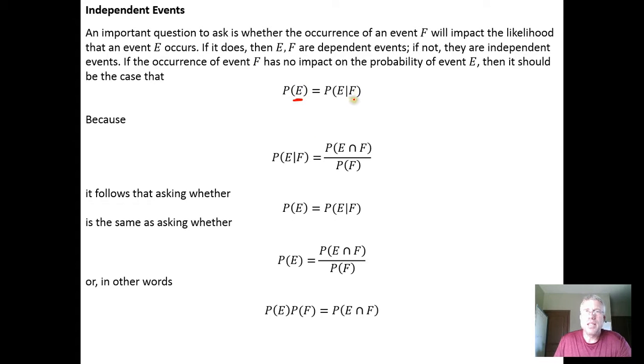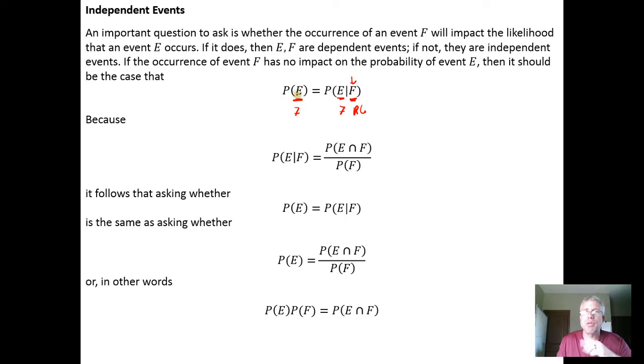if E is independent of whether event F has occurred or not, say event E is the event that we get a sum of 7 on the roll of 2 dice, and event F is that we roll a 6, then the probability of E should be the same regardless of whether event F has happened.